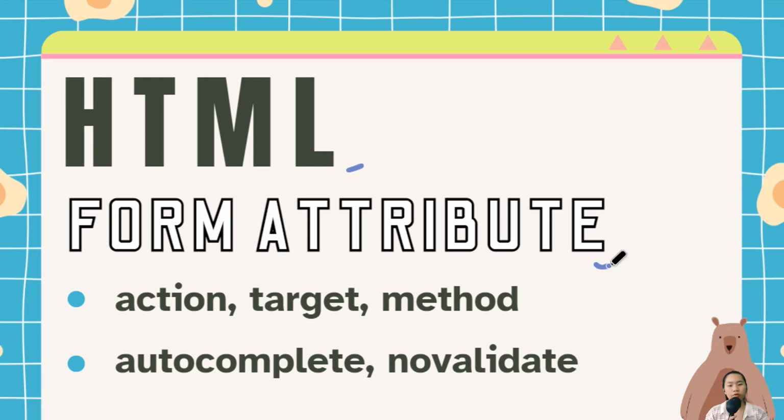I'm just going to go briefly into the different attributes that you can give to the form tag, not so much on the back end, not so much on the server, because I'm going to be having a new series devoted specifically to that. All right, future series, of course. So stay tuned. In this lesson specifically, we're going to talk about action, target, method, autocomplete, and novalidate. So let's get on with it.